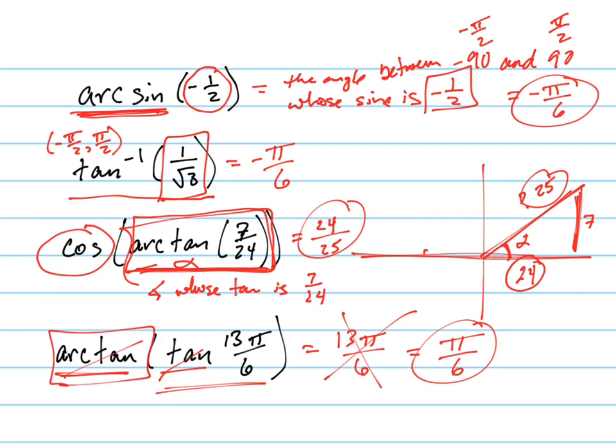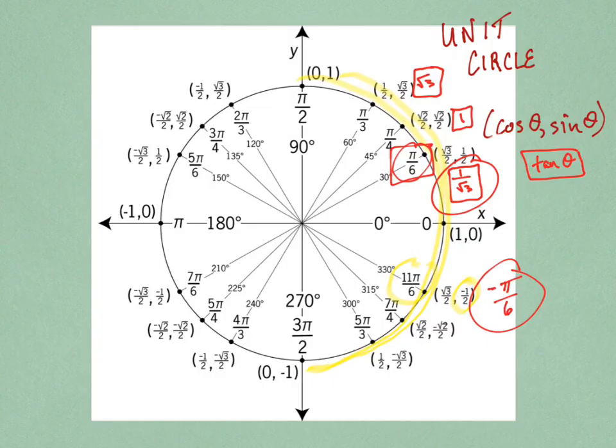One last thing, the arc cosine function is restricted to from 0 to pi. Let me think, is it 0 to pi, or do I have to include one of them?